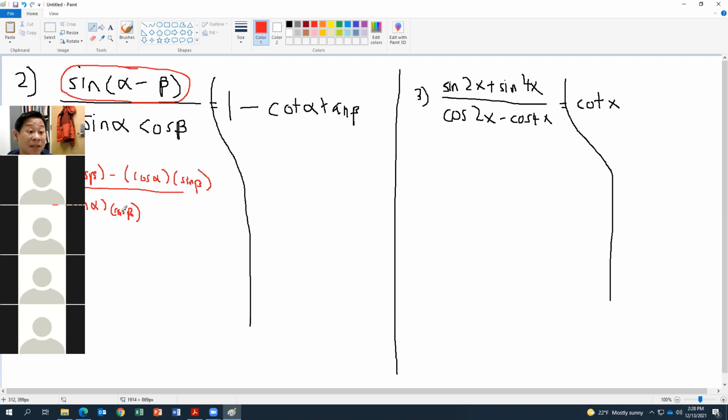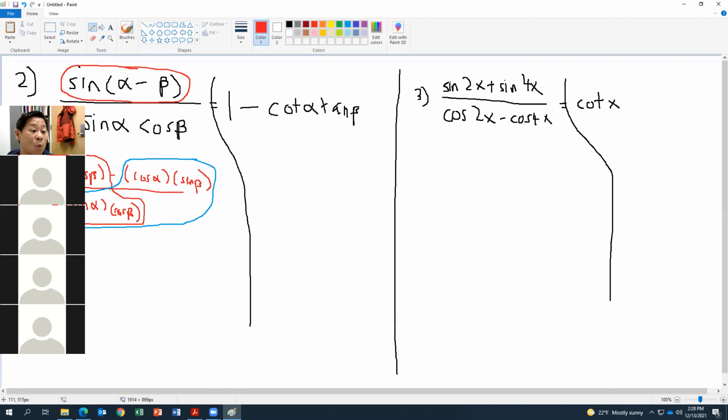You can split this into 2. So this sine alpha cosine beta, you can actually split this into 2 sides. So this and this. When you do the first one, you find out that the sine alpha and the cosine beta will cancel.